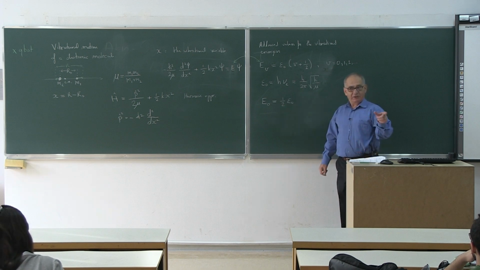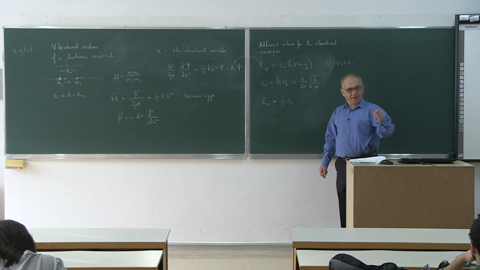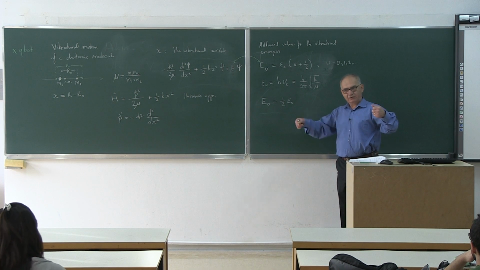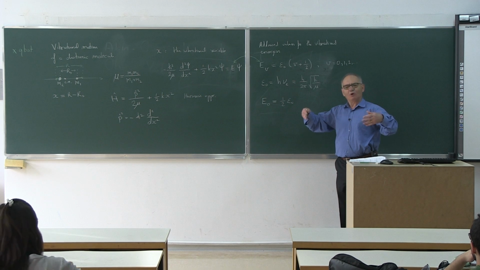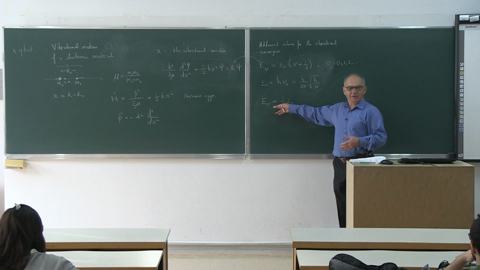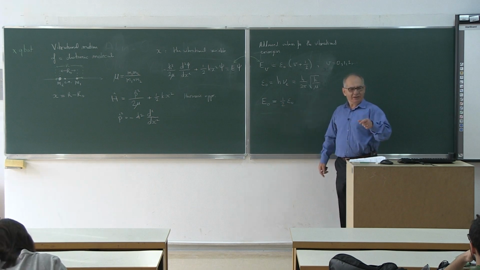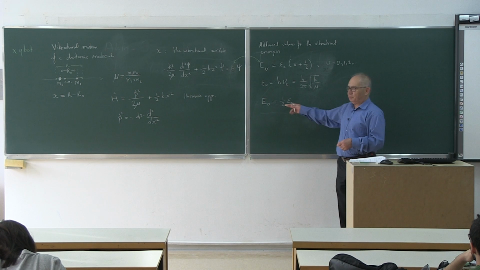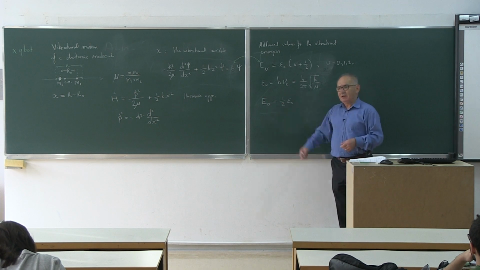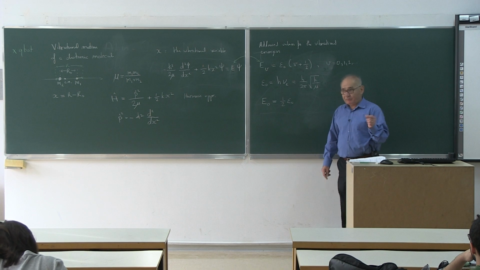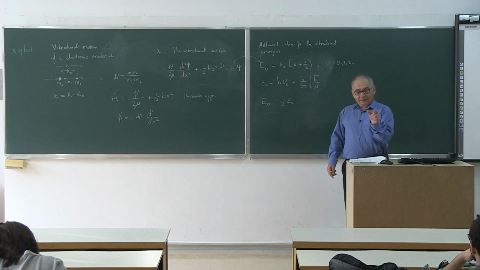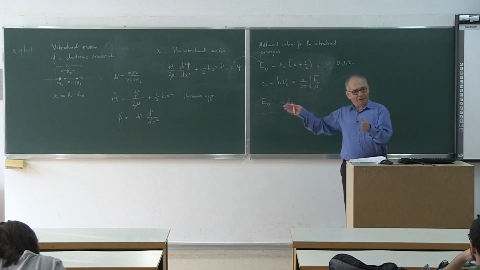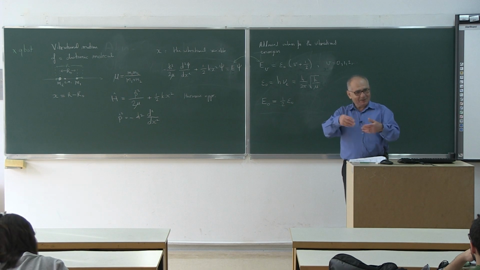Therefore, what was our definition of zero-point energy? Lowest quantum mechanical value minus lowest classical value. Lowest classical value is almost always 0. So we just look up the lowest quantum energy to see if it is 0 or not. Here we see that it is not 0. Therefore, this is a zero-point energy. But we should attach another word to this zero-point energy, because there are several types of zero-point energy.